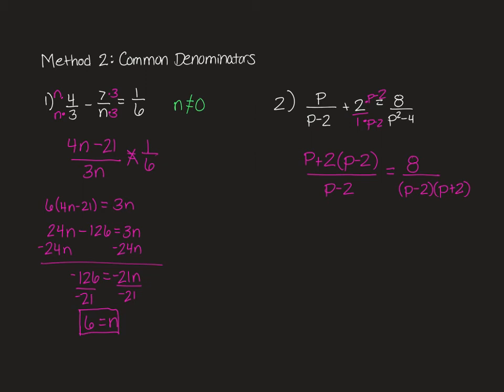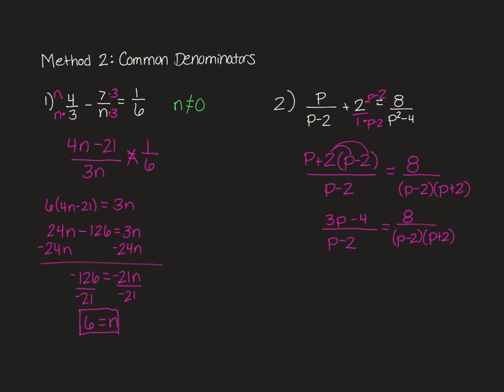Okay. So I'm going to distribute the 2 here. So I will get p plus 2p minus 4. I'm just going to simplify that right now. p plus 2p will give 3p minus 4 all over p minus 2 is equal to 8 and then p minus 2 times p plus 2.